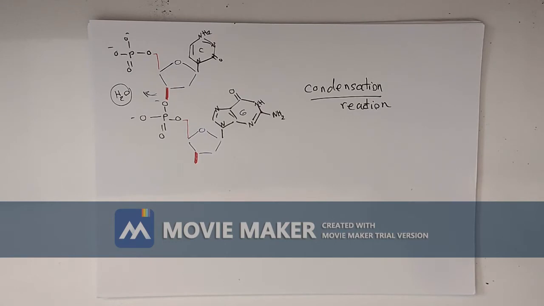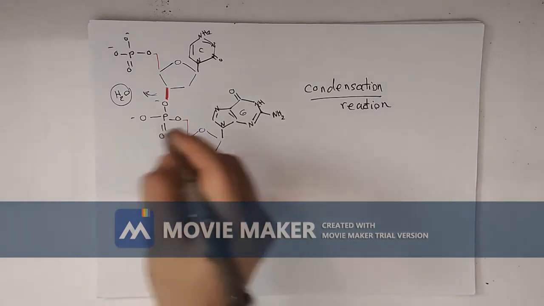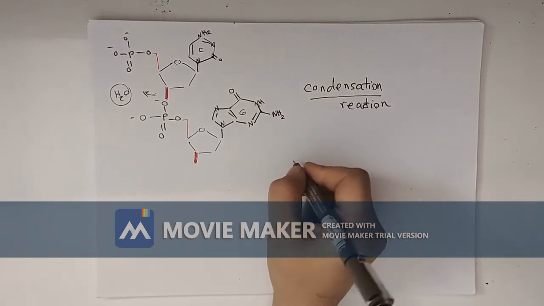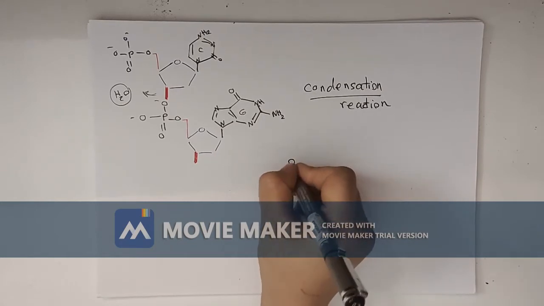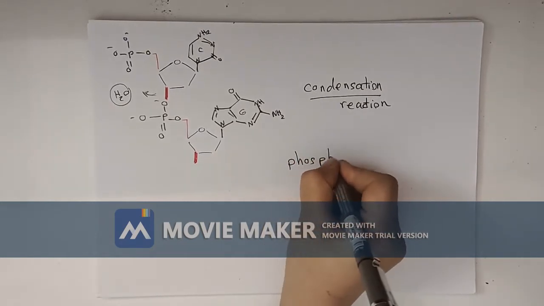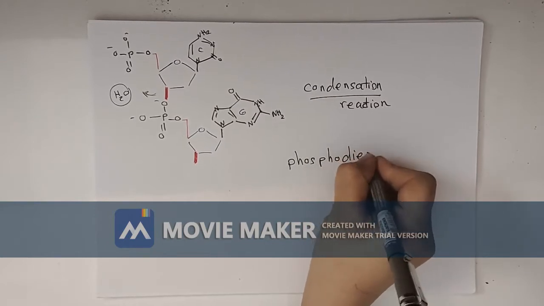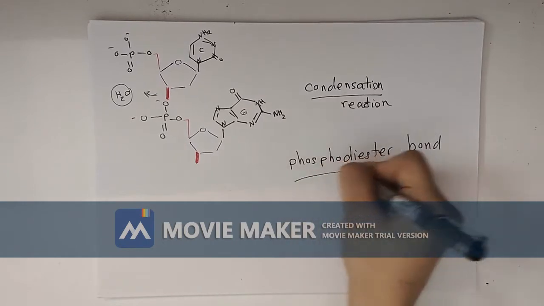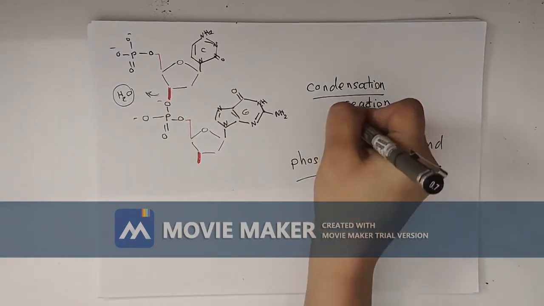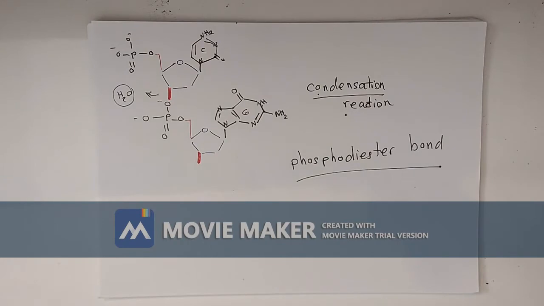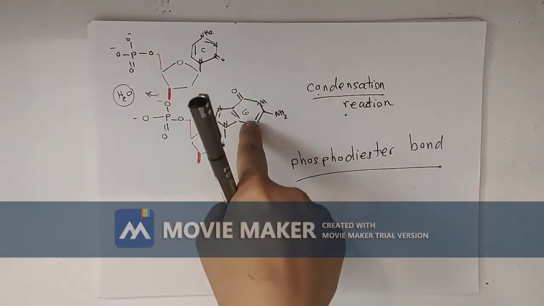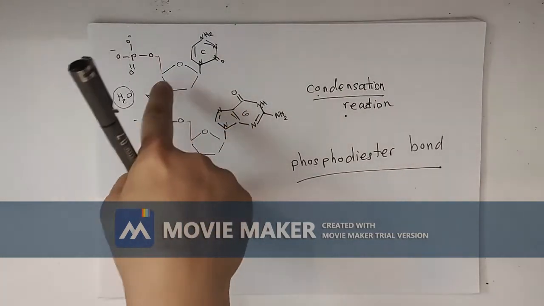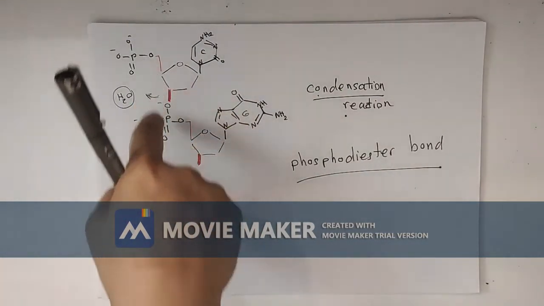And also the bond which is formed here, what type of bond is formed? It is the phosphodiester bond. So phosphodiester bond, but what type of reaction? Condensation reaction. You can see here we have cytosine, we have guanine, and each is connected to the phosphate sugar backbone. These phosphate sugar backbones are connected together.